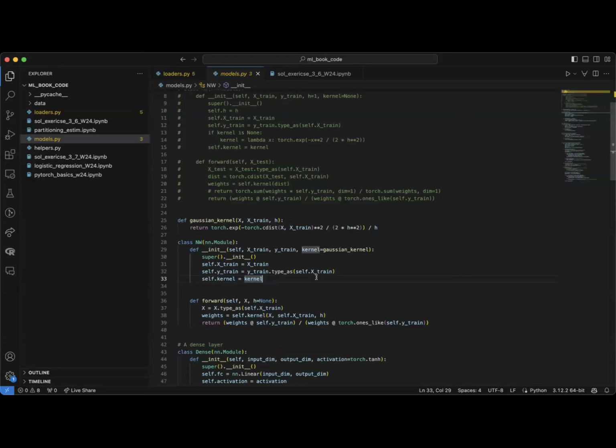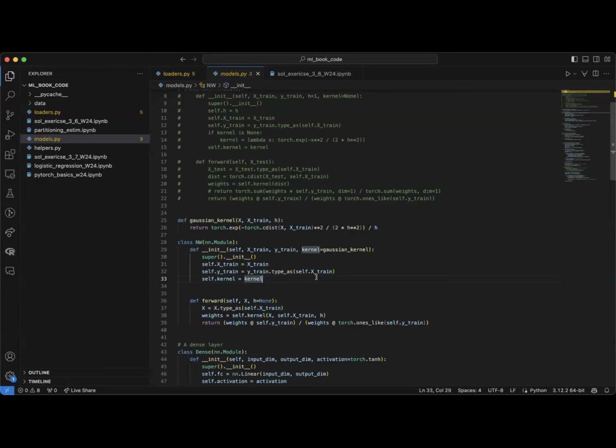And so you define your model, you call NW, and then when you're using your model, you feed it the test or validation data. You don't have to pass it the training data anymore. Right, this is one design, it could be a different design. I passed X train, Y train, and the kernel once, so now I instantiated the model. Now this is the Nadaraya-Watson with these things, so I can apply it to different data.